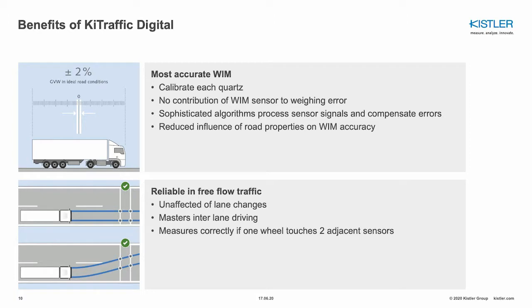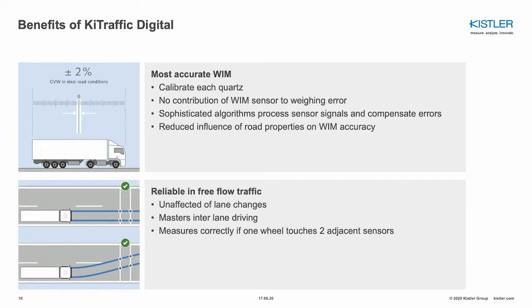And in addition, you have seen on the slides before that we get a lot more sensor signals into our higher level KiTraffic Digital system, and these more signals allow highly sophisticated algorithms within the system to compensate specific vehicle effects which contribute to vehicle specific WIM errors, and these effects can be eliminated and reduced to make WIM more accurate.